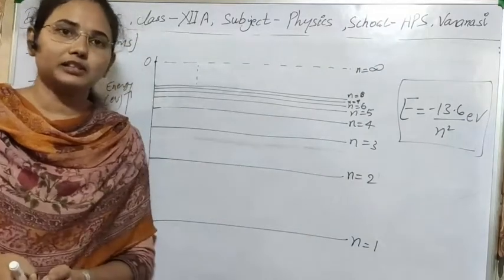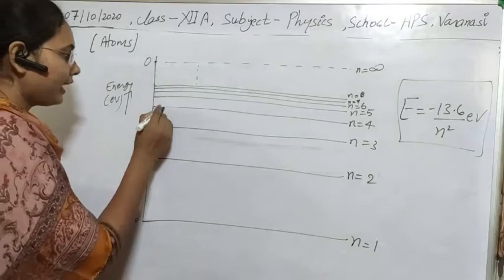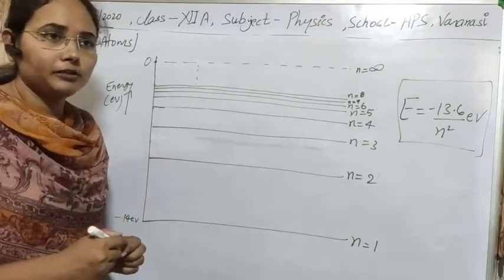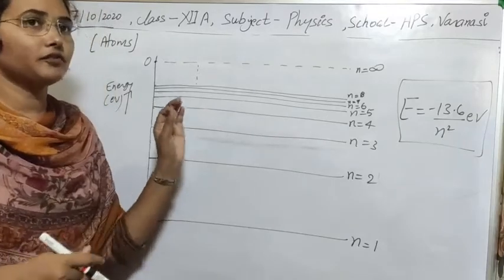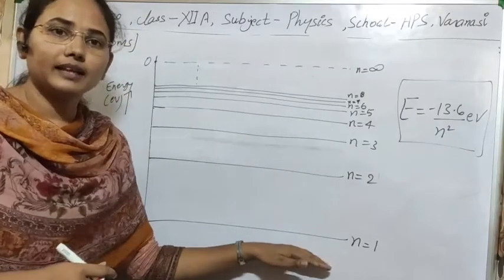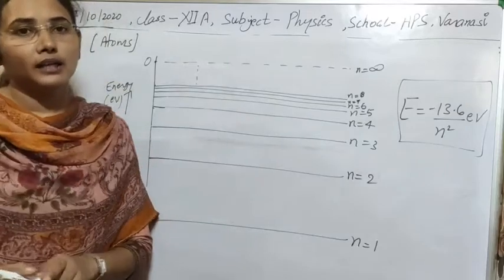or spectra of the particular atom. Now for the Lyman series, we know that if an electron transits from higher states to the lower state n equal to 1, then we get a series of wavelengths which we call the Lyman series.